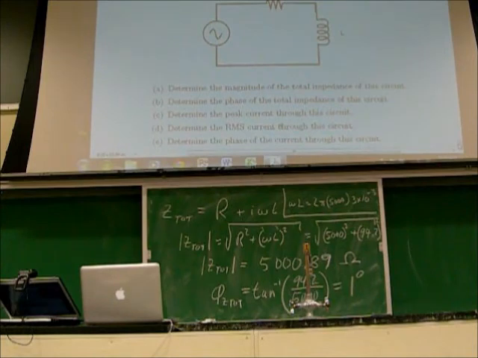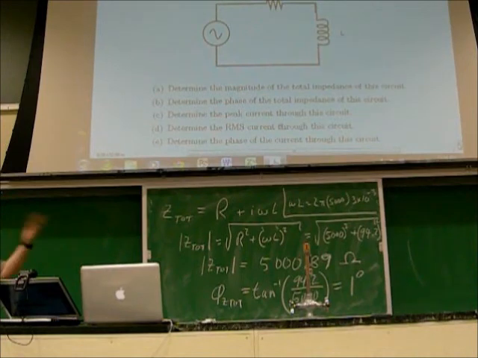Because the resistance is huge compared to the omega L. So if I wish these to be more balanced, one to the other, what would I do to the frequency? Bump it up. Increase the frequency. If I increase the frequency, the omega L would be about the same size as the R, and that would make a phase closer to 45 degrees.